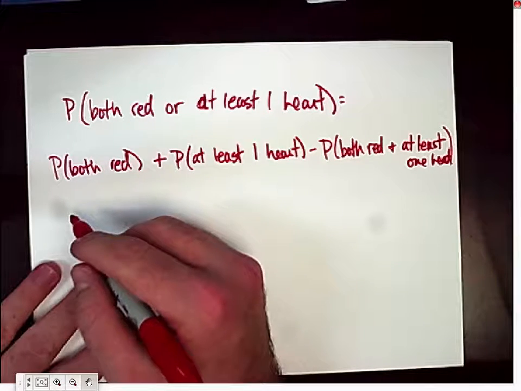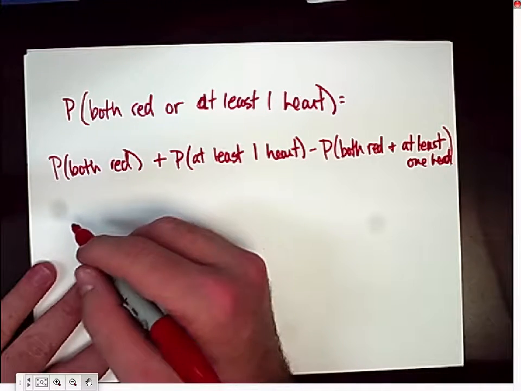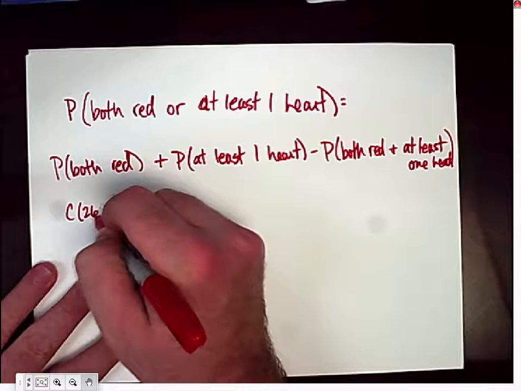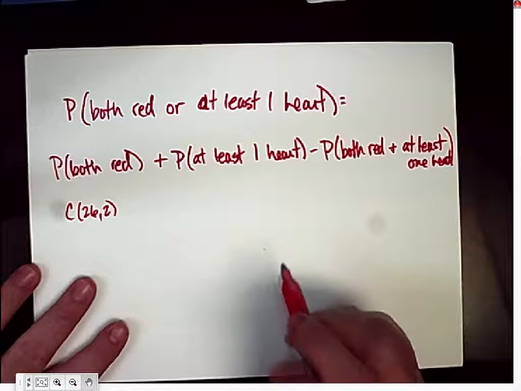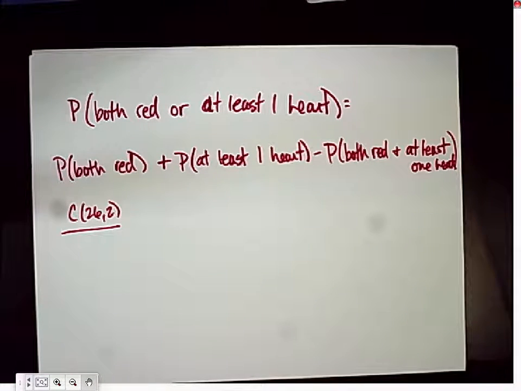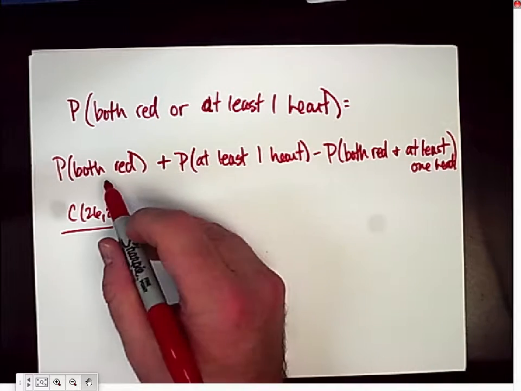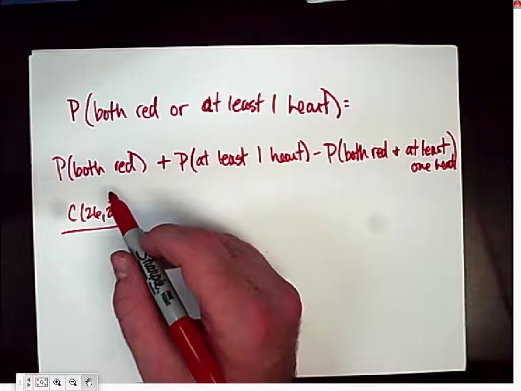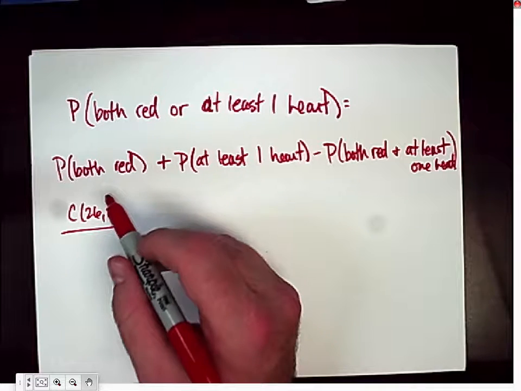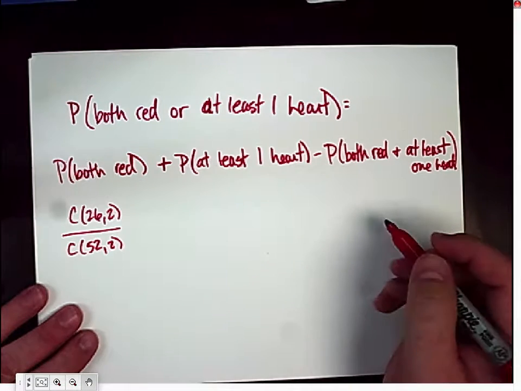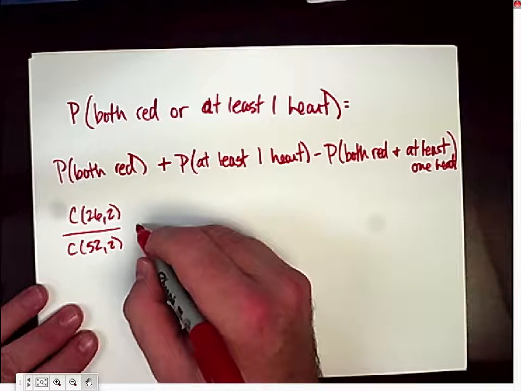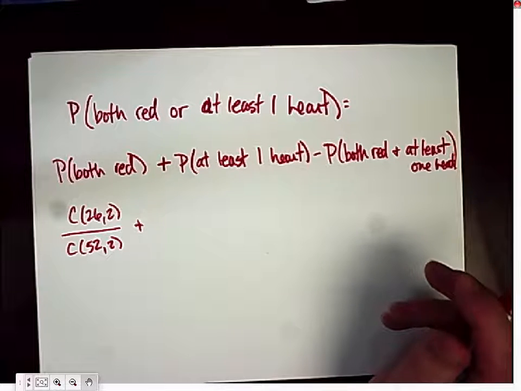if you're only picking from the red cards, it's the combination of 26 choose 2. Right? Because I want to know how many 2 cards you could pick that are both red. Well, if they both have to be red, it's just out of the red. But the whole deck is the combination of 52 choose 2. Right? Plus at least one heart.